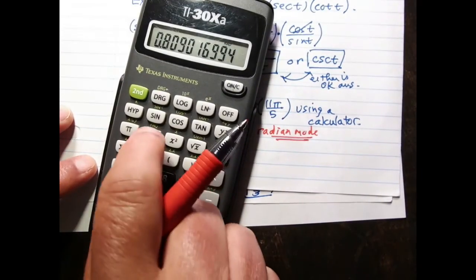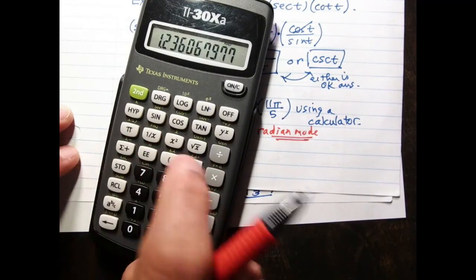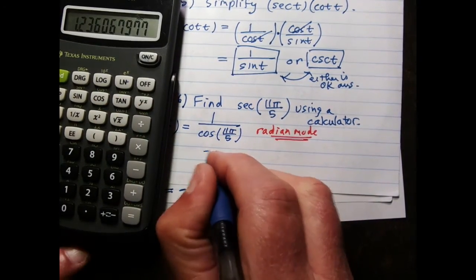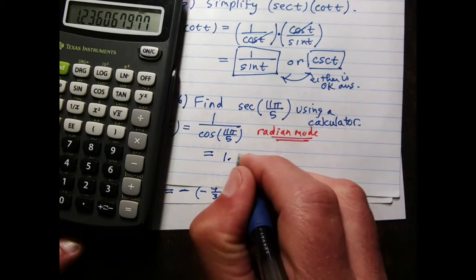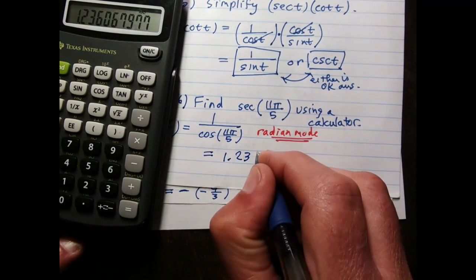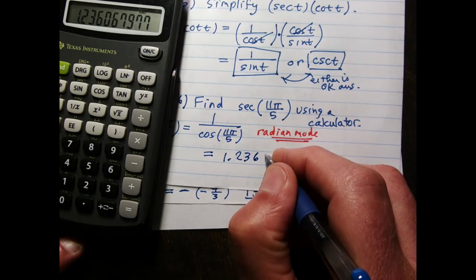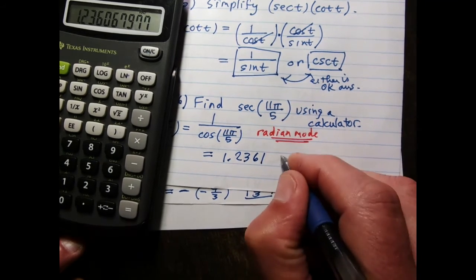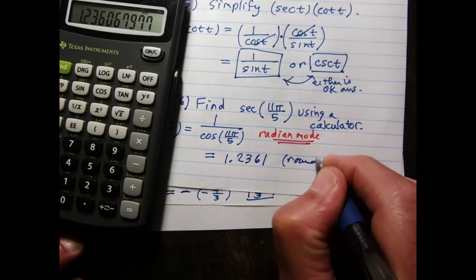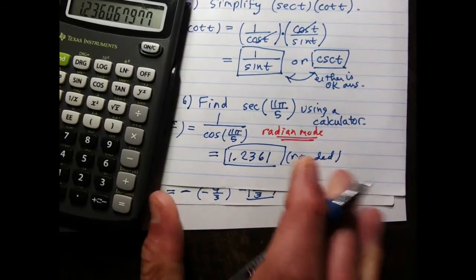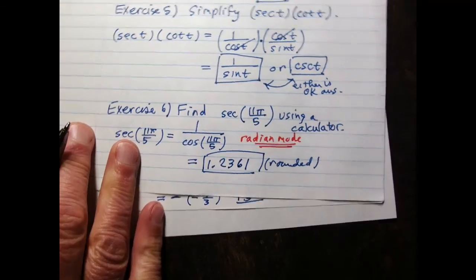I have a 1 over button, so I can just hit reciprocal. And there it is. There's my decimal. It'll be a messy number, 1.236, rounded off to 4 places. And okay, that wasn't a big deal.